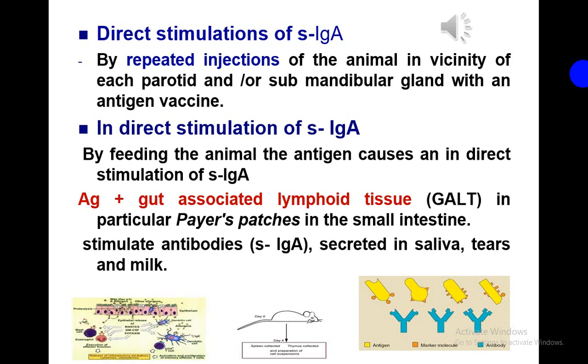By this method, secretory immunoglobulin A will be secreted in the saliva and all other body secretions like tears and milk.